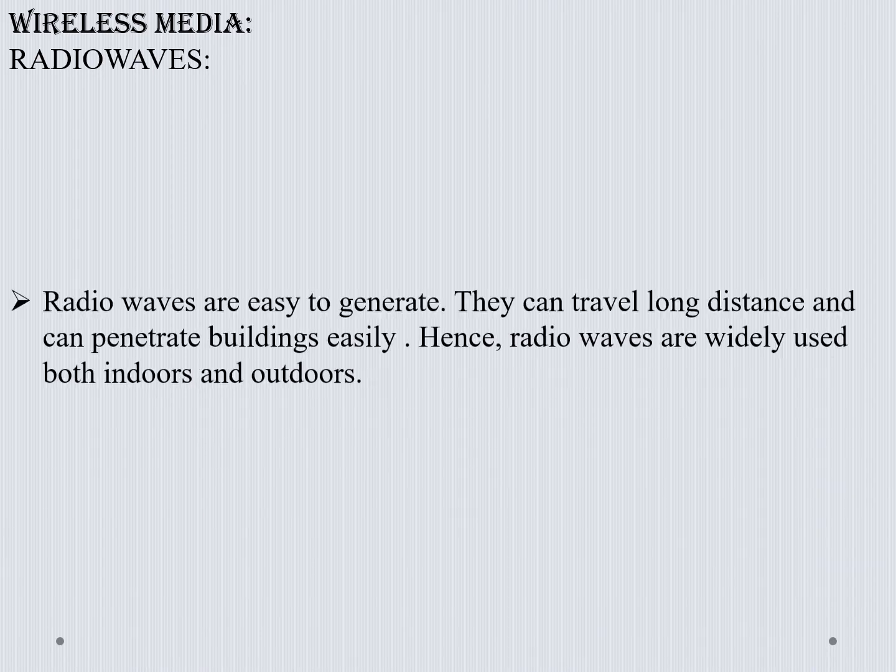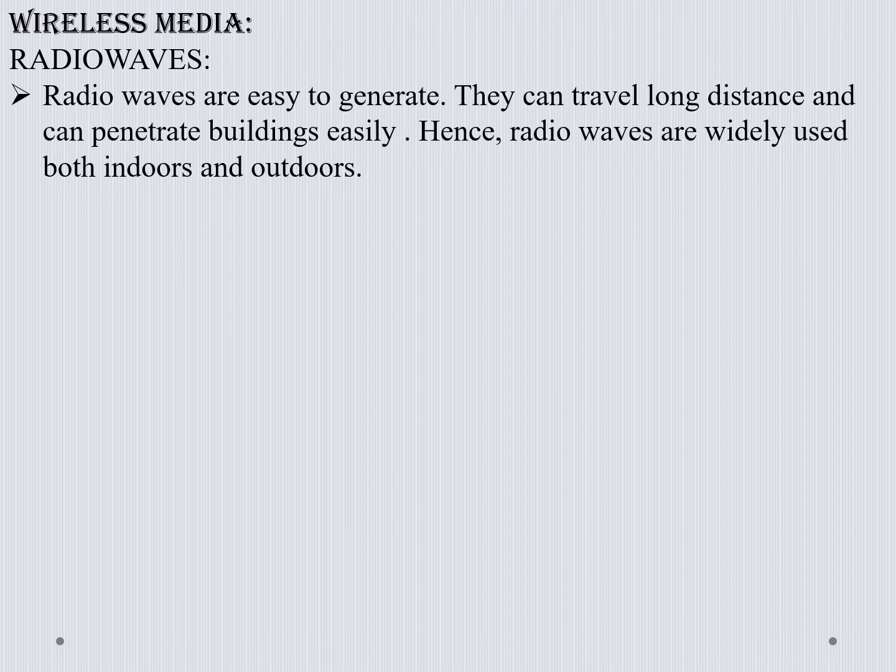They can cover large distances. They can travel in all directions. Radio waves are very easy to generate. They are available from low frequency to the highest frequency. That is the main reason radio waves are used in a variety of communication.